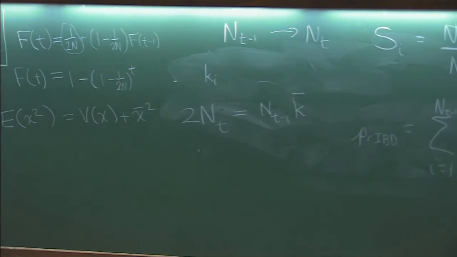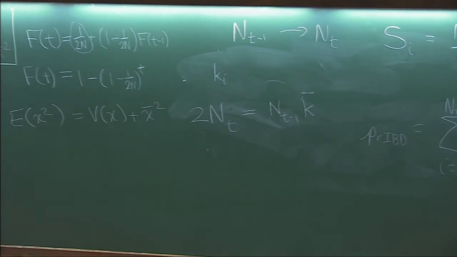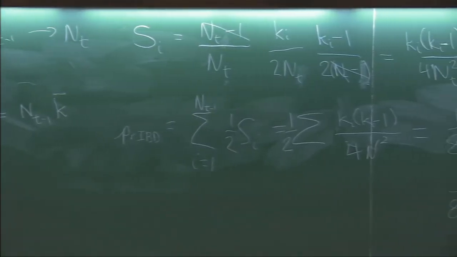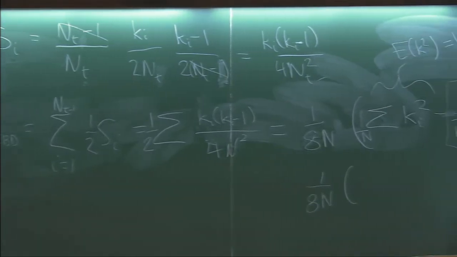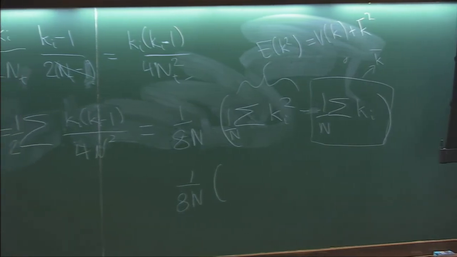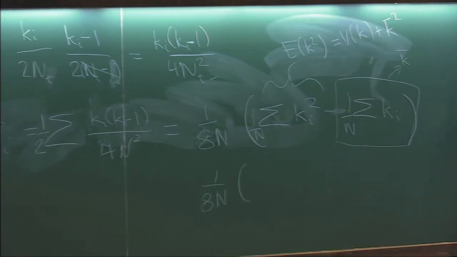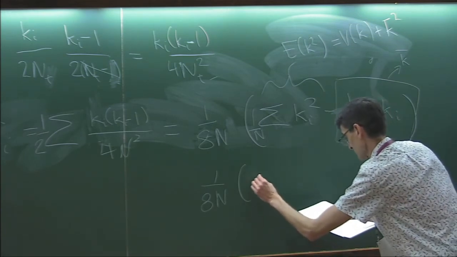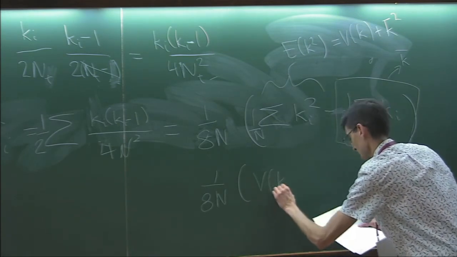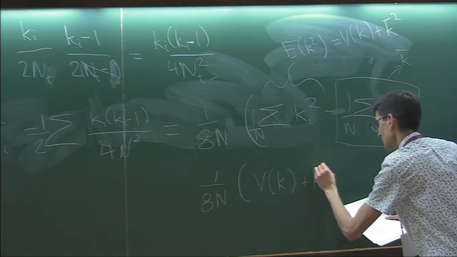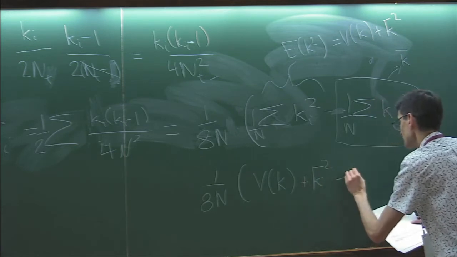So now, what do we have? We have 1 over 8n, this thing, which is equal to the variance of k plus k bar squared. Yeah? So we have the variance of k plus k bar squared minus k bar.